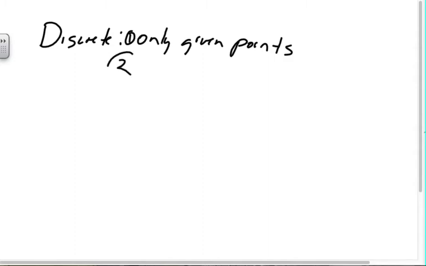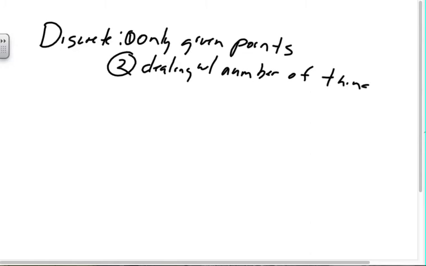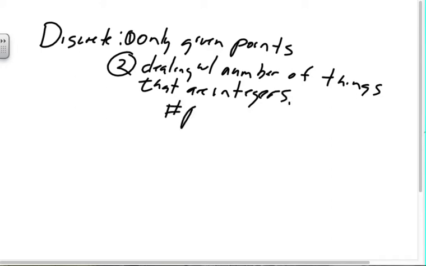Discrete functions can also occur even with an equation when you're dealing with numbers of things that are integers. An example of this would be number of people. Anytime you're dealing with number of people, you tend to be dealing with discrete functions.